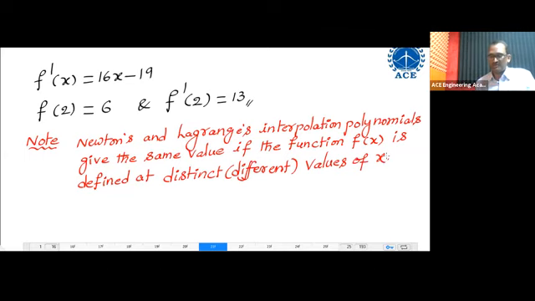Then if you solve that problem using Lagrange's interpolation polynomial and Newton's interpolation polynomial, both must give you the same answer only.